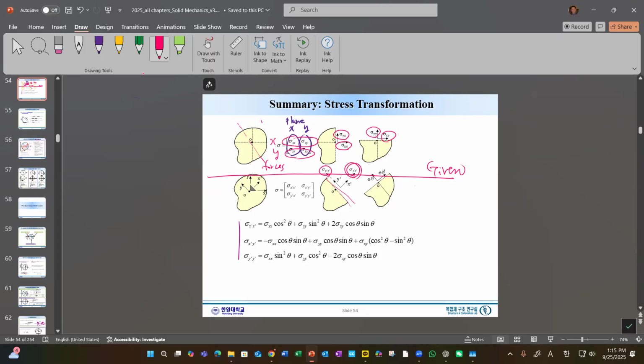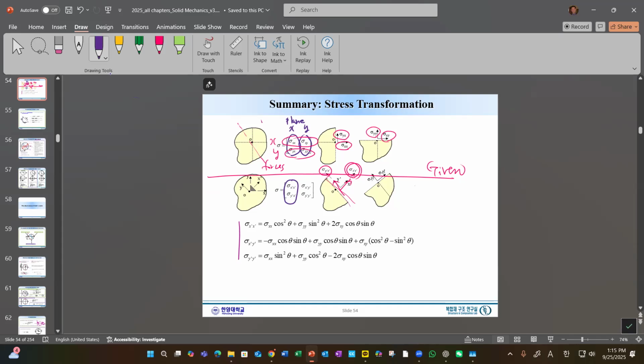One is the normal to the surface. The other one is the tangent to the surface. That is the two planes. So we can say that this is exactly the same as the previous definitions. This is a plane.